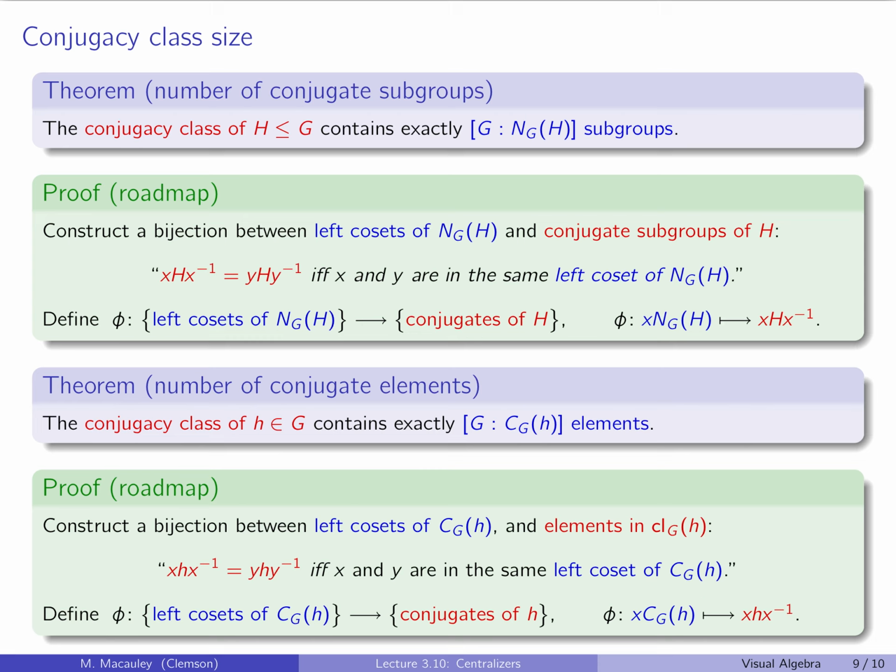It's almost the same. Again, we have to define a map from left cosets of the centralizer to conjugates of h, and we do that in the only way that we know how. The left coset xC, I'll call this C for short, gets sent to xhx inverse. We have to show that this is well defined, 1-to-1, and onto.